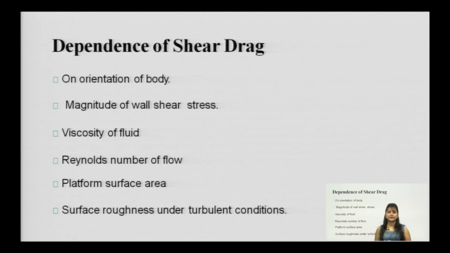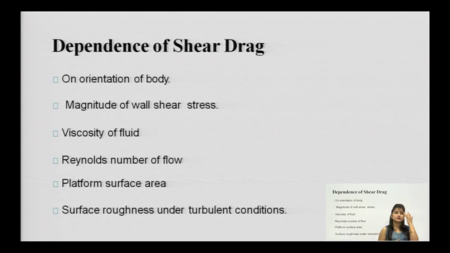Now, coming to the dependency of the shear drag, or on what factors the shear drag depends. Counting one by one, first, the orientation of the body affects the shear drag. Next is the magnitude of the wall shear it possesses, then the viscosity of the fluid through which it is flowing, the Reynolds number of the fluid, that is the ratio of inertial to viscous force, and then the surface area which you are covering.